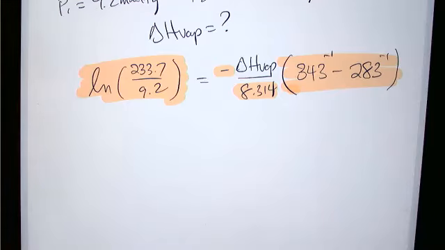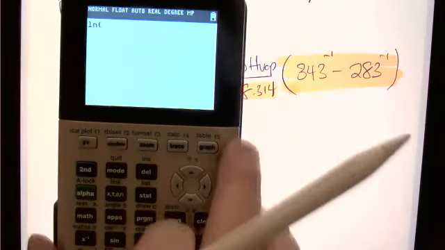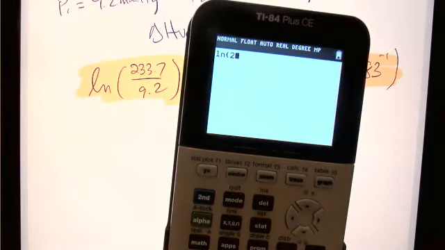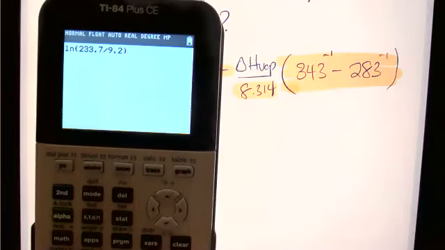So here we go on your calculator. The natural log of, put in your own numbers for me, 233.7 divided by 9.2, close the bracket. Don't press equals, just type that in. Now that I've closed the bracket, times by -R, and be sure you're using the negative symbol, not the minus sign.